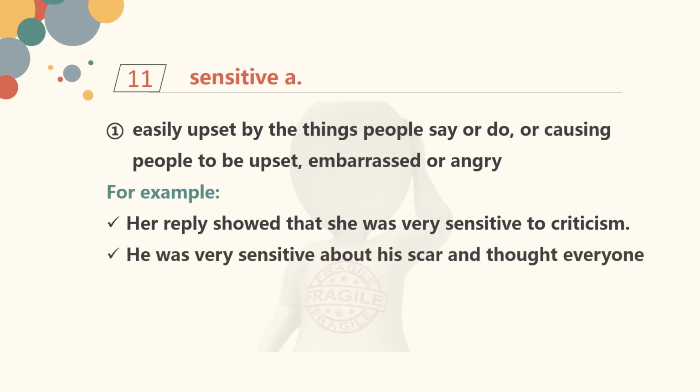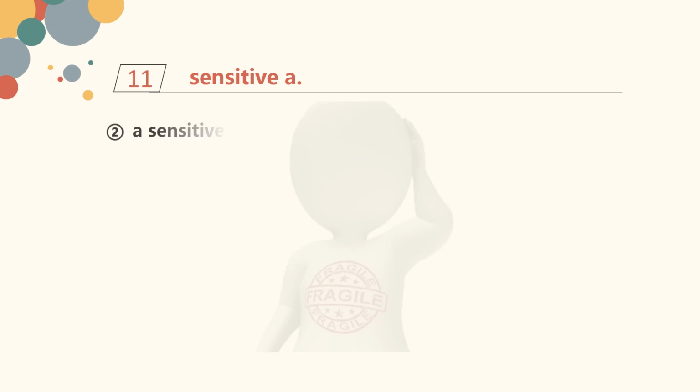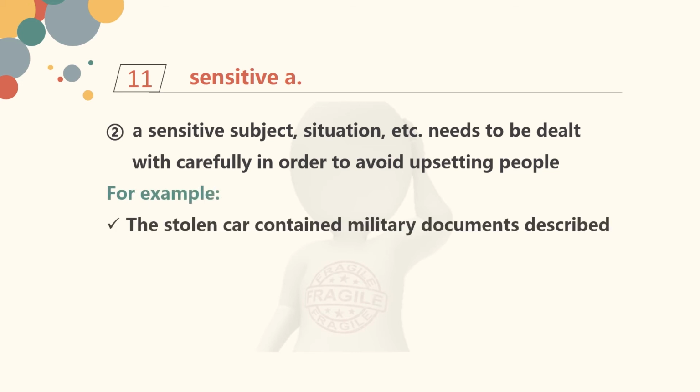He was very sensitive about his scars and thought everyone was staring at him. A sensitive subject, situation, etc., needs to be dealt with carefully in order to avoid upsetting people. For example, the stolen car contained military documents described as very sensitive.